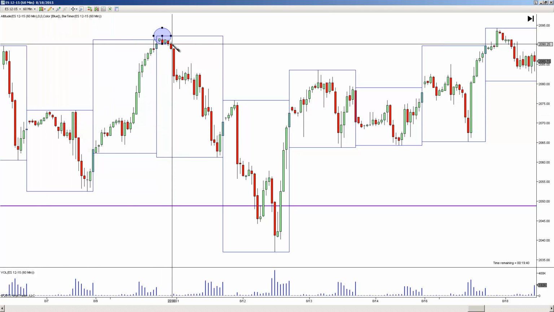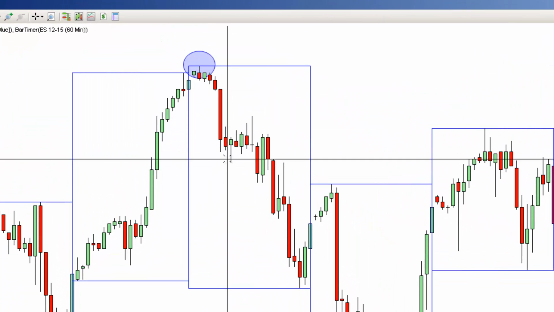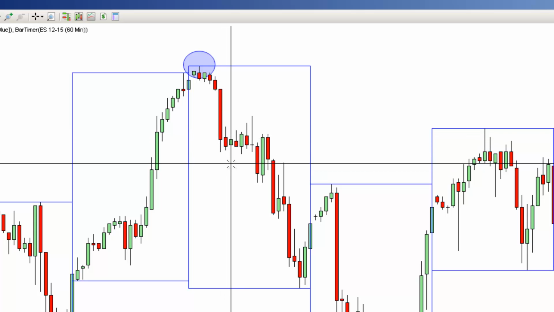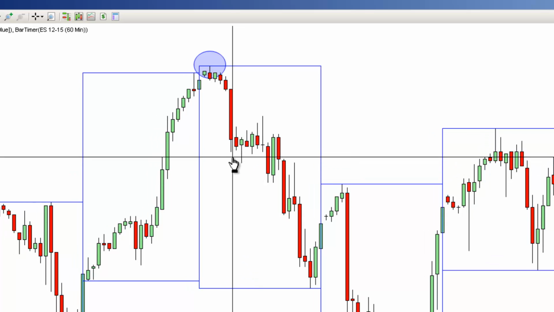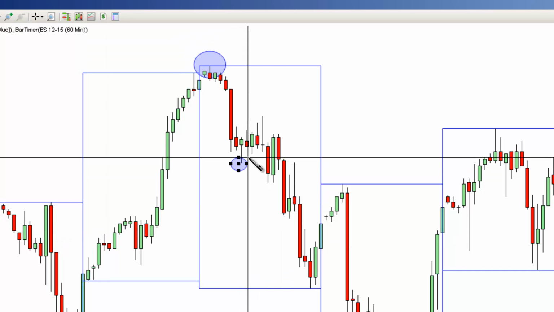We'll start here. We had a peak and then the market started to go down. When it made a valley, or a V formation here, we'll mark this off again.